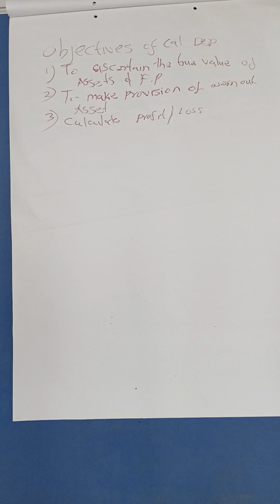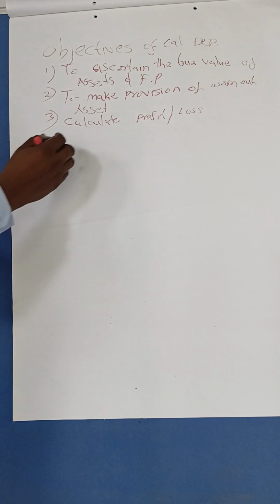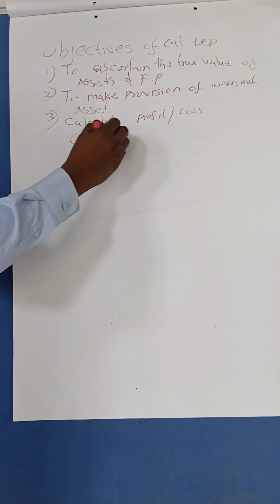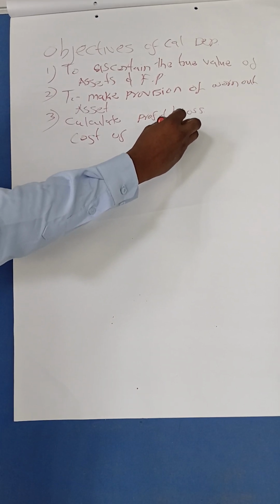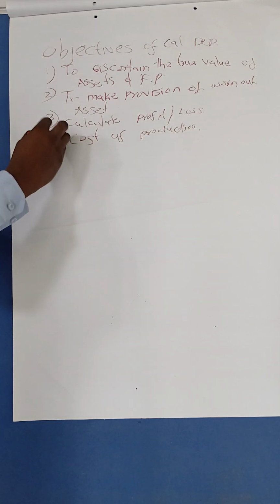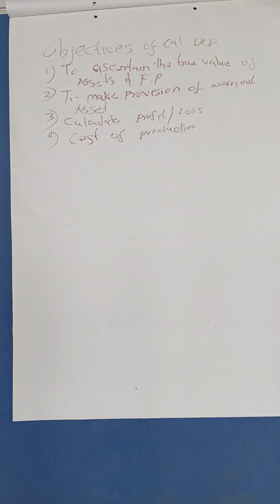So depreciation, you'll also see how we treat it in that area. Then to compute the cost of production is another objective. Compute the cost of production is another key part in calculating depreciation.